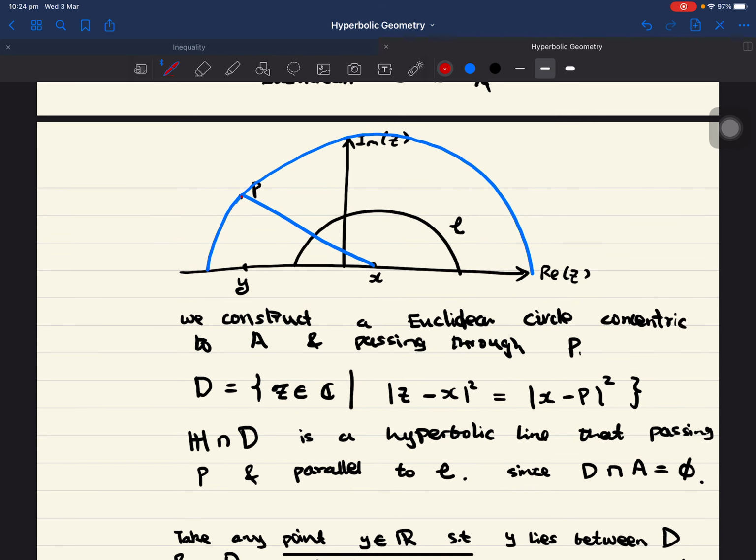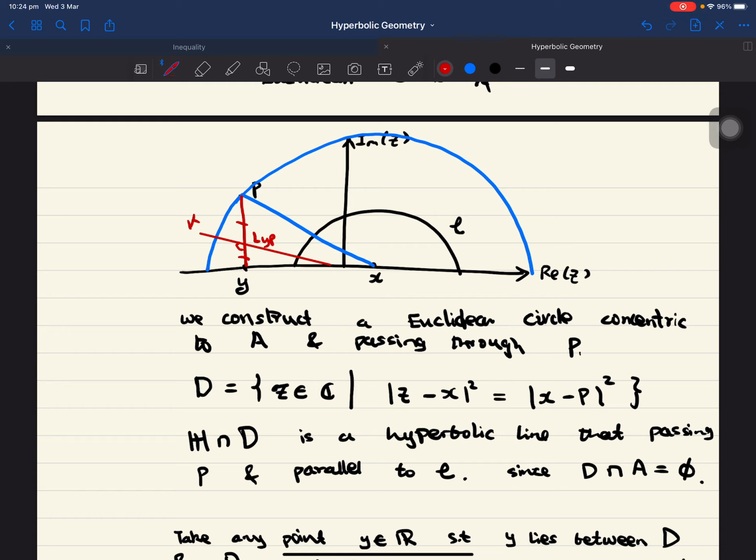We first draw a line segment YP and the perpendicular bisector K that is perpendicular to YP and bisects YP.